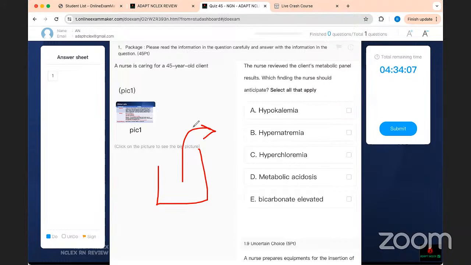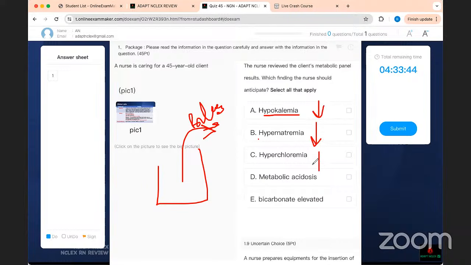The fluid coming out is bilious, right? So this is everybody who is vomiting with an NG tube. You get hypokalemic, right? Your potassium is going to go down. Your sodium goes down.